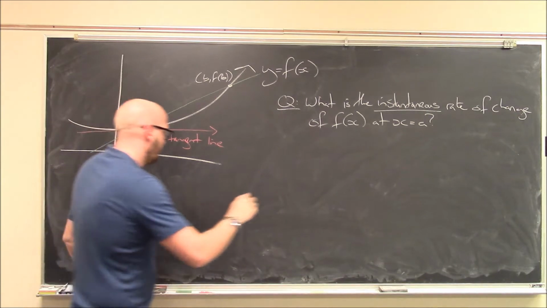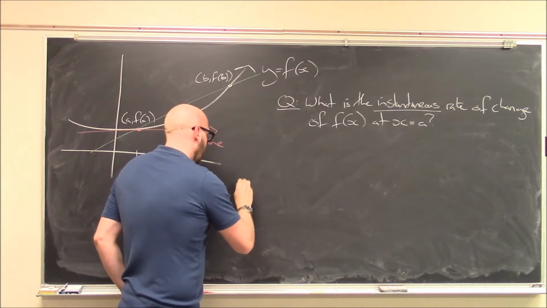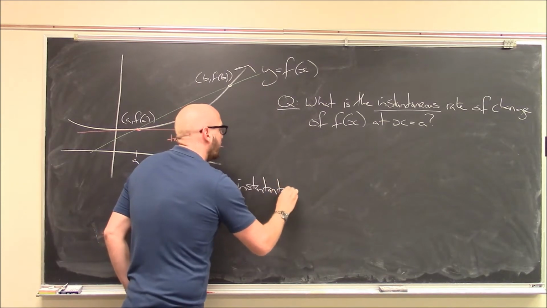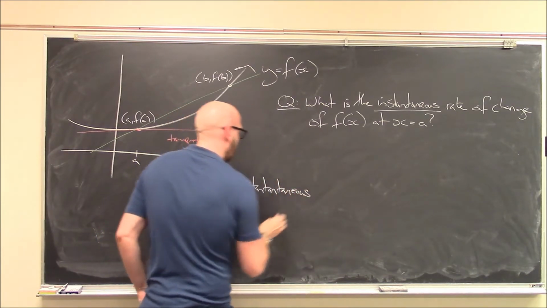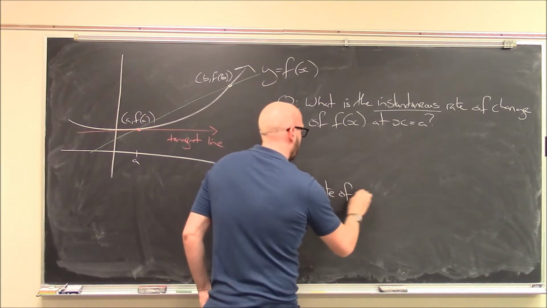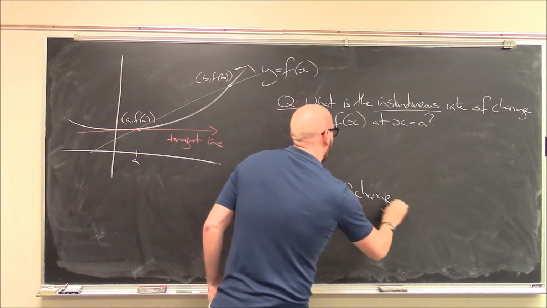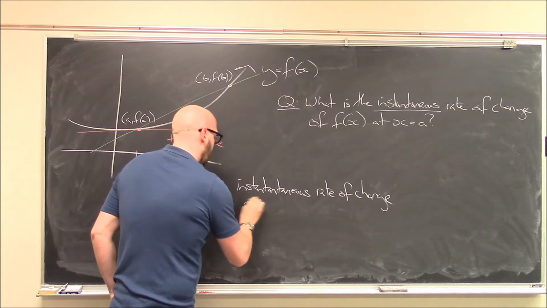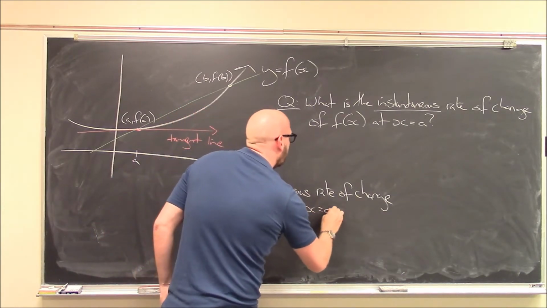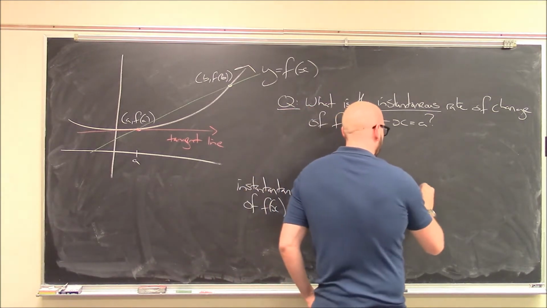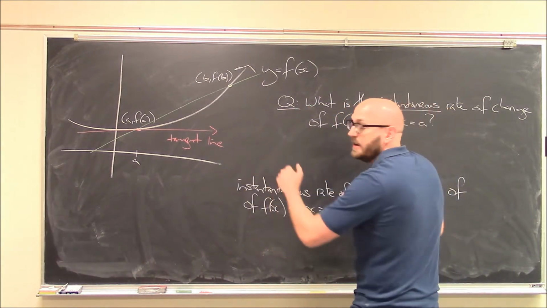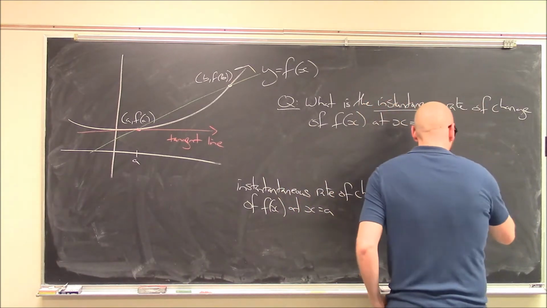And so let's write this. So instantaneous rate of change of f of x at x equals a equals, well, it would equal the slope of that red line. It equals the slope of this tangent line.